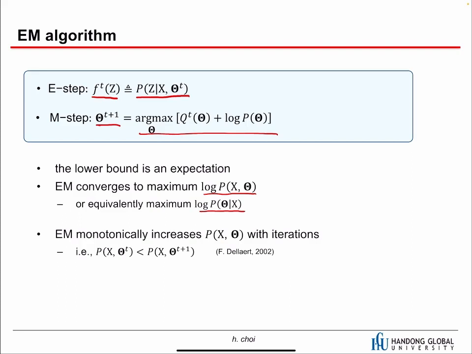And EM monotonically increases P of x given theta with iterations. This is proven already in this paper. So whenever we update the parameter, P of x given theta t plus 1 is higher than the previous one. If we use the likelihood, then every time the likelihood is higher than the previous likelihood, so it is maximizing.